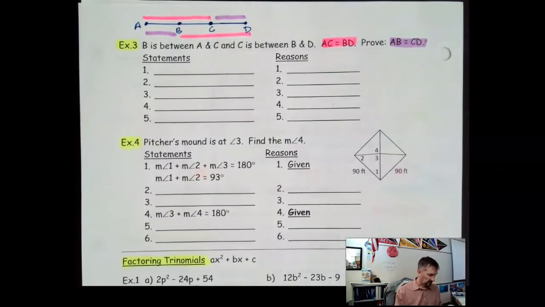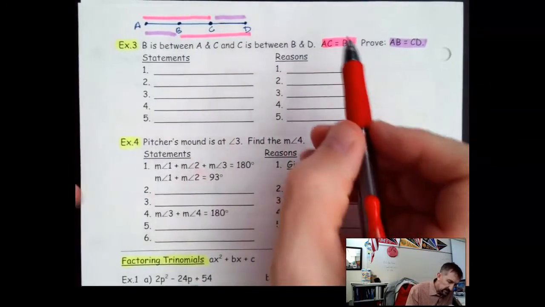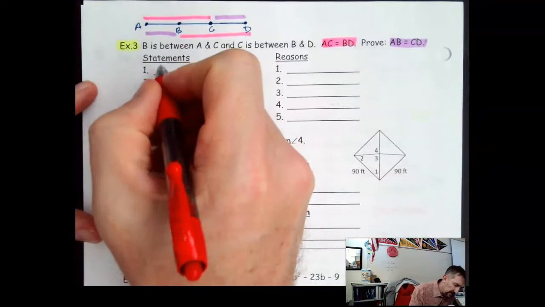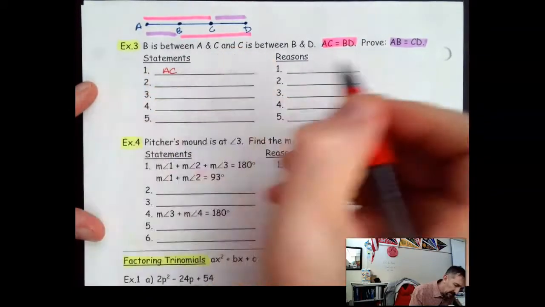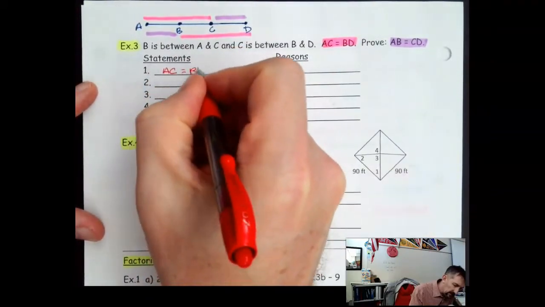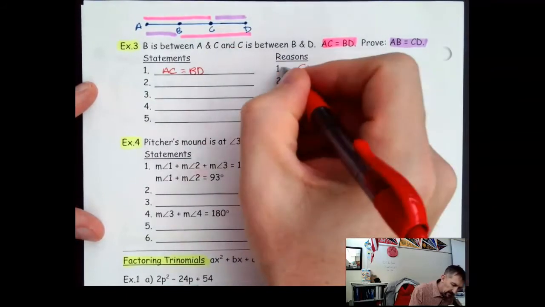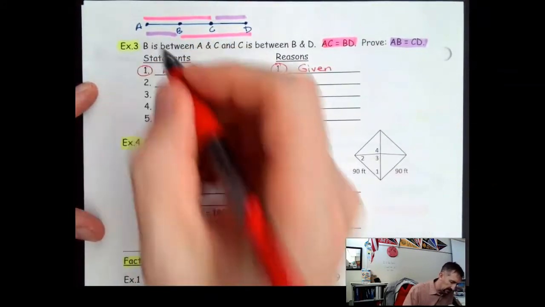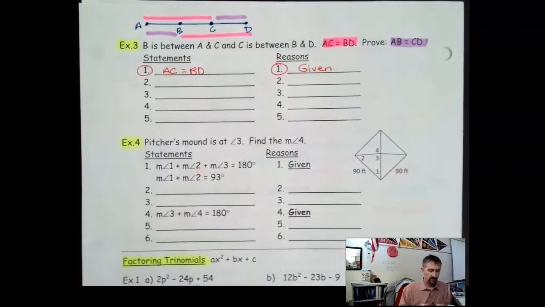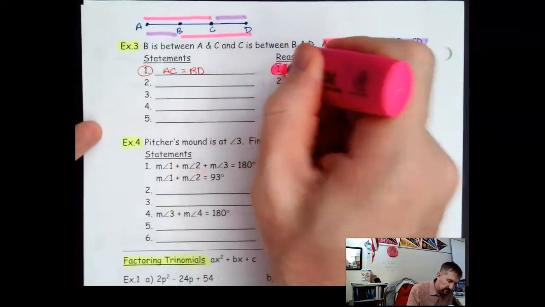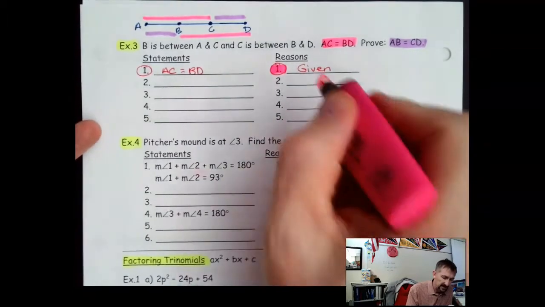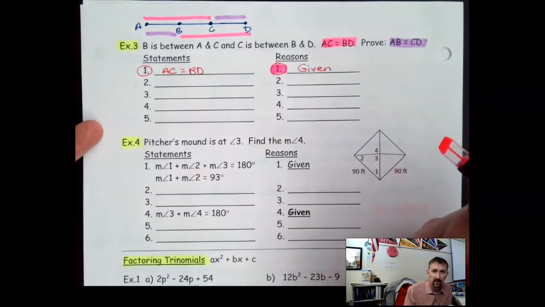Now, a couple things should be free. First of all, they told us that AC equals BD, so we can write that down. AC equals BD, and that's given. So that should always be a free point for everybody.